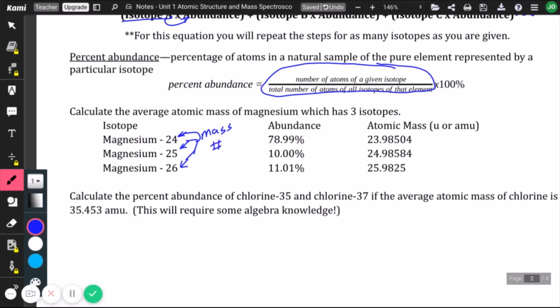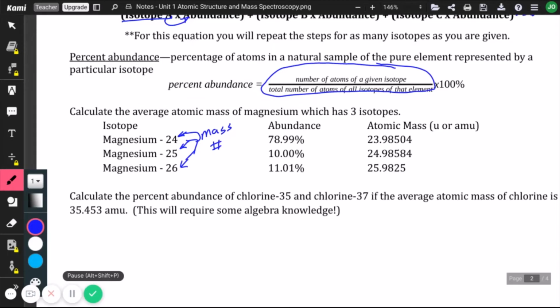And again, mass number comes from adding your protons and your neutrons together. Okay. Now with our mass numbers, we also have percentages, that percent abundance. Okay. And that percentage again came from our part divided by our whole.